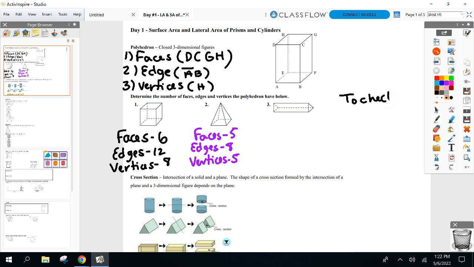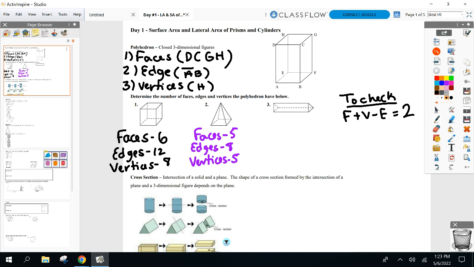If you ever want to check that you have the correct number of vertices, edges, and faces, here's what he found. If you take the number of faces and add it to the number of vertices, and subtract the number of edges, I don't know how, I don't know why, but it doesn't matter the polyhedron, you'll always get 2 as your answer.